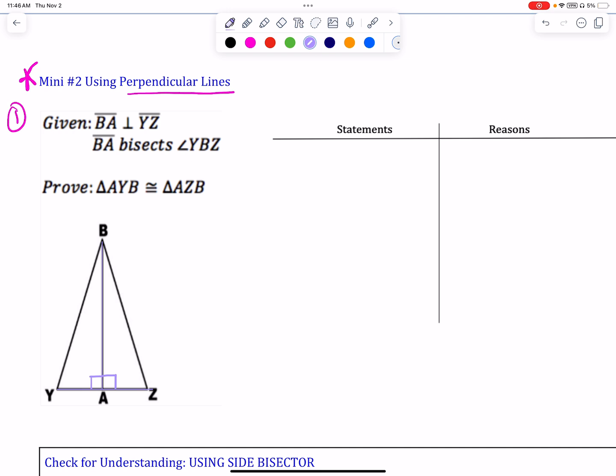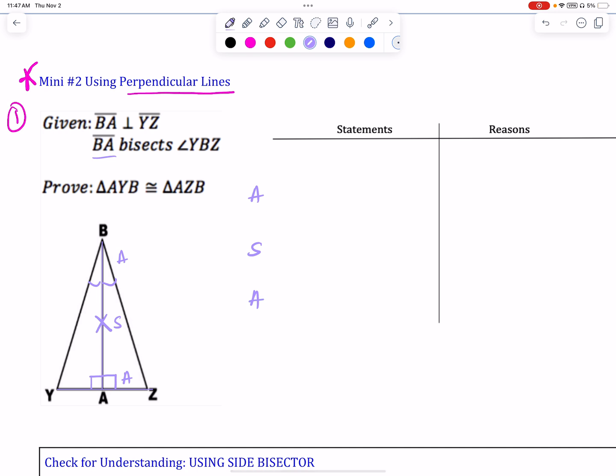So I put 90 degrees, the boxes, and it says that BA bisects angle YBZ. So you can imagine this pizza being bisected in half. So these two angles are congruent. And outside of my givens, I see that BA is the shared side. So that is reflexive. So we're going to have angle, side, angle as our compass.